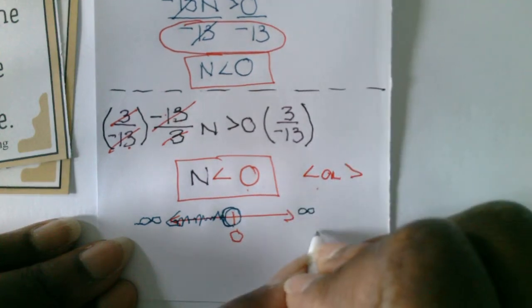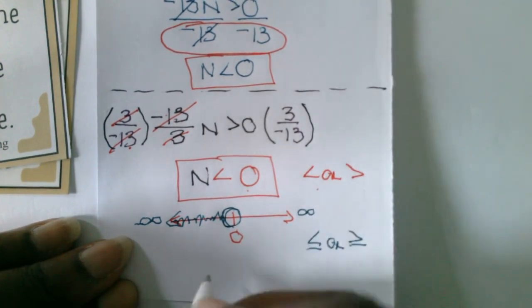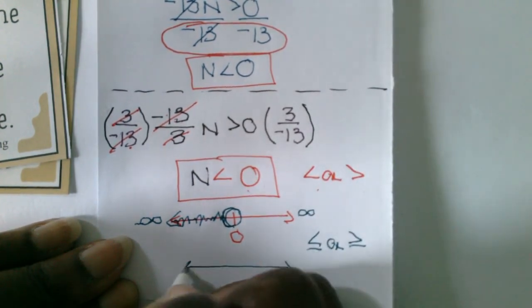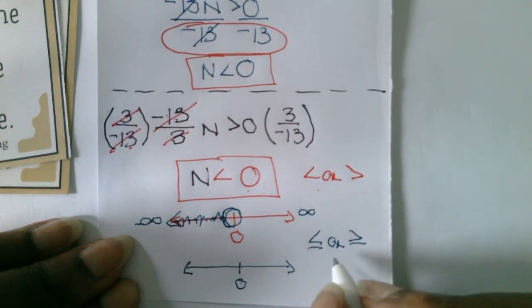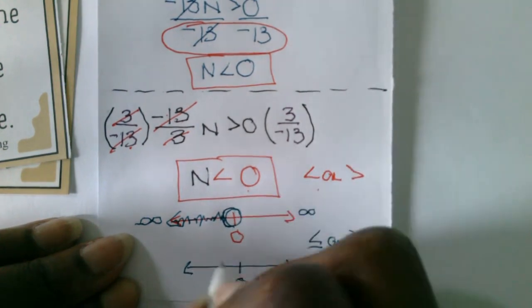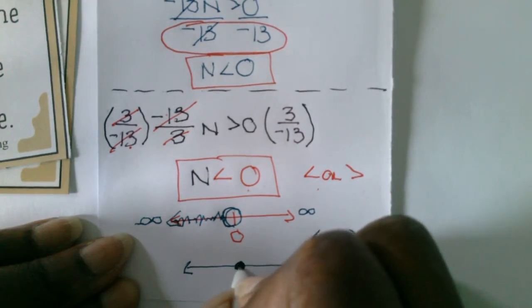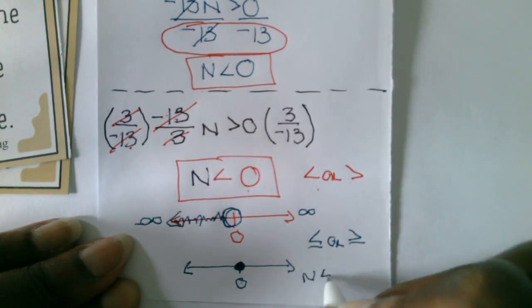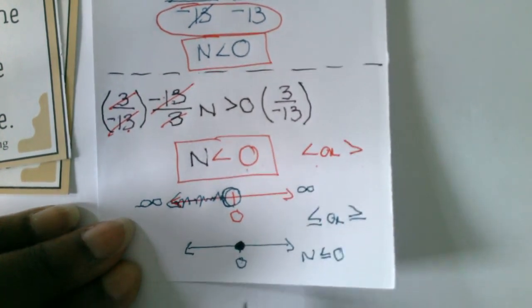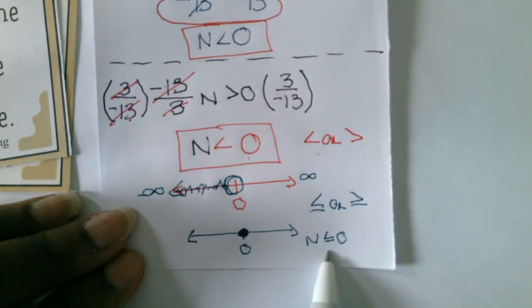But if it was less than or equal to, or greater than or equal to, let's say the answer was still 0. Say it was less than or equal to, that's going to be a dot. I love when people say a closed circle. Closed circle is a dot, right? And I'm looking at n is less than or equal to 0, so that means I'm including the 0. Anytime, think of the words less than or equal to.